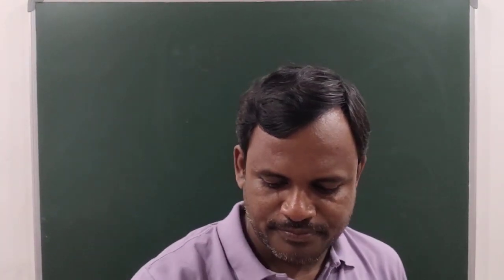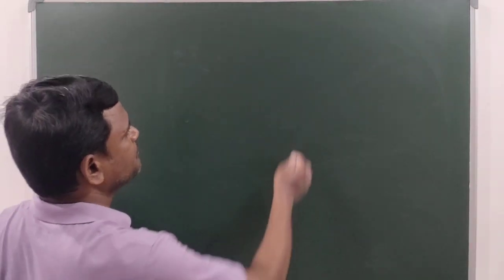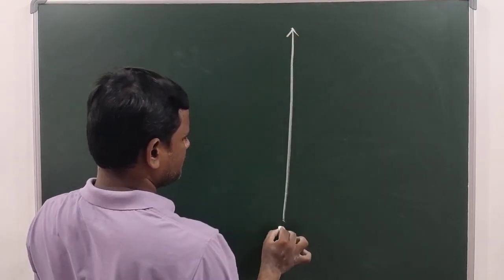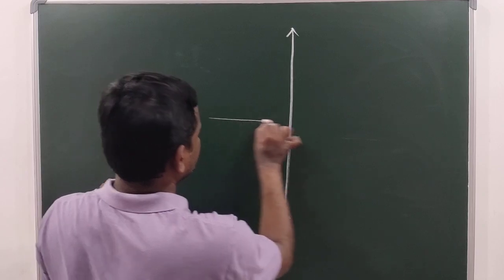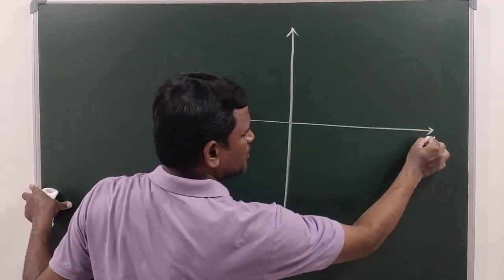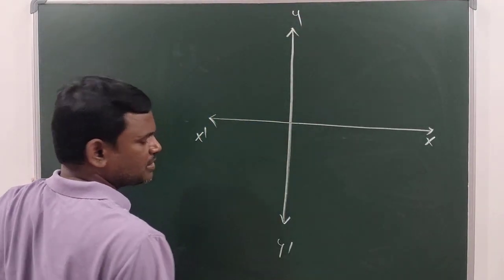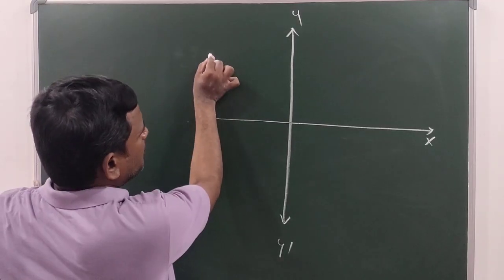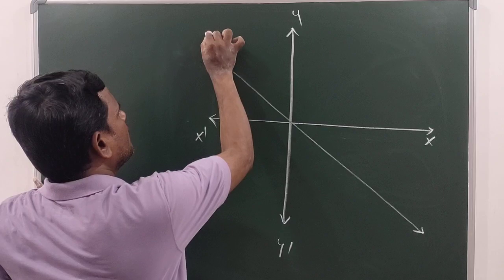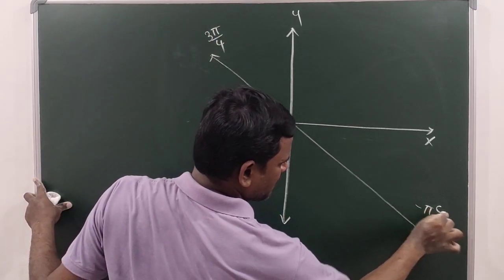Now see this. This is x-axis, y-axis. Now 3 pi radians by 4 to minus pi radians by 4.